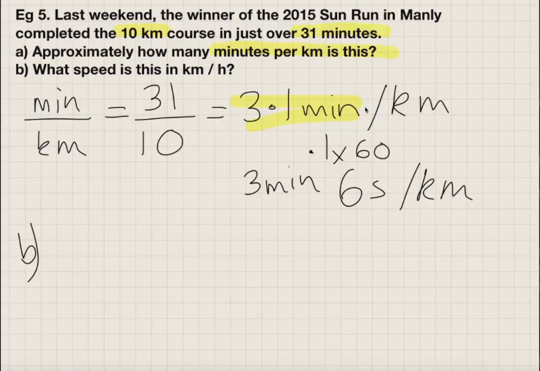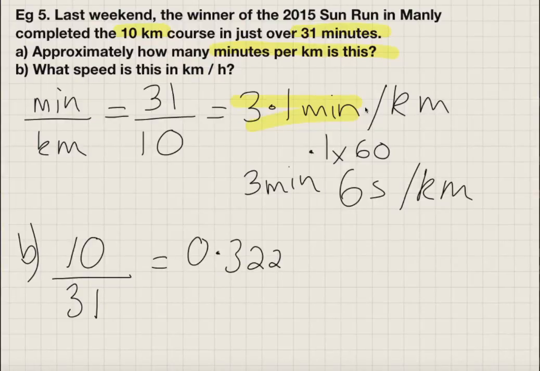Part B, what speed is this in kilometres per hour? In kilometres per hour, we have 10 kilometres in 31 minutes. Okay, so using your calculator, 10 divided by 31, and you should get something like 0.322, and that's in kilometres per minute.